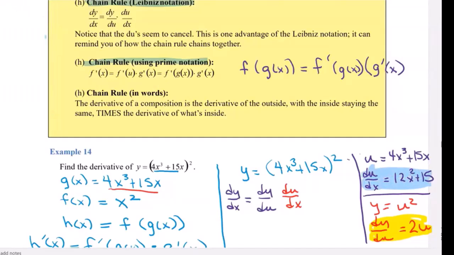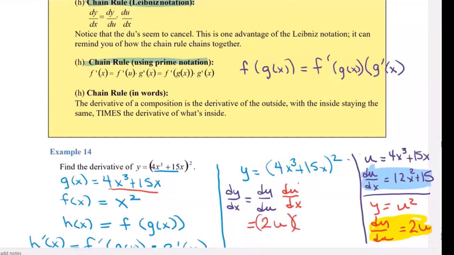And notice if I multiply those two together, the du's would cancel with each other, wouldn't they? And I would end up with dy dx. But that's not my intention here. I'm not canceling anything. All I'm doing is saying, okay, so that equals, well, dy du is 2u.